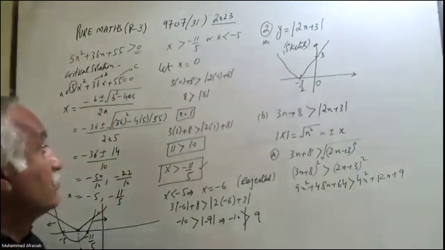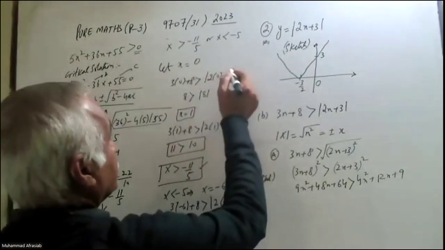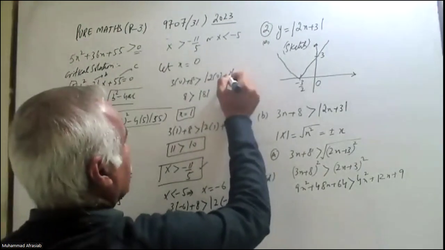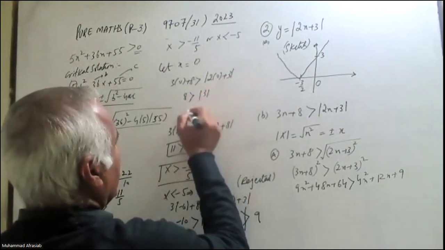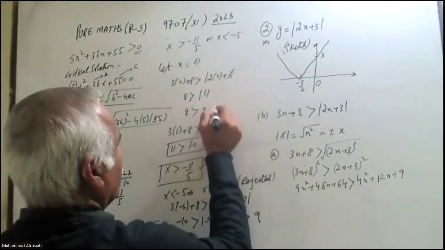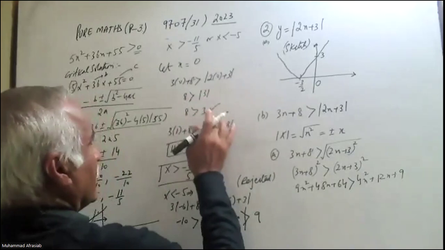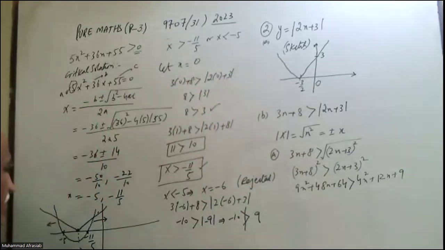Sorry, here it is 2x plus 3. So you see that 8 is more than 3 value, that is correct. So this value is also correct for that. So whenever we get any value more than minus 11 over 5, this inequality is true for this question there.